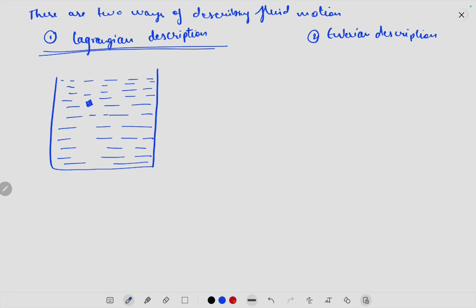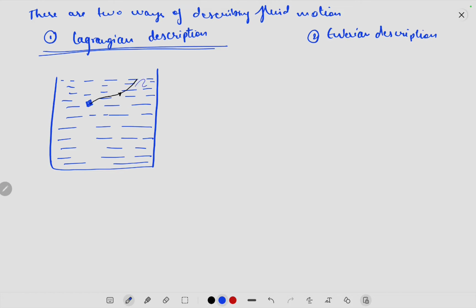Okay, so now let's say if I am interested in knowing how this fluid element is moving with time, what is its trajectory. So let's say it moves, let me just draw it with some other color. So let its trajectory be like this.